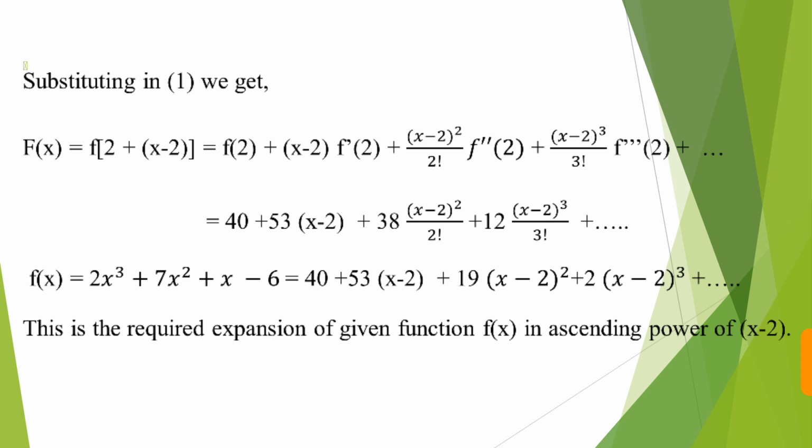2 plus x minus 2 is equal to f of 2 plus (x minus 2) into f dash of 2 plus (x minus 2) bracket square by 2 factorial f double dash of 2 plus up to so on.